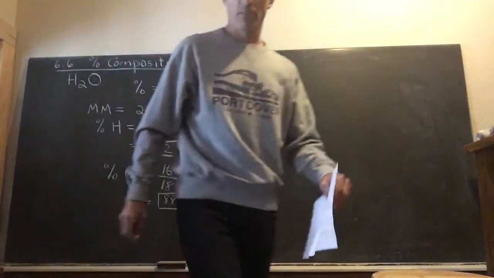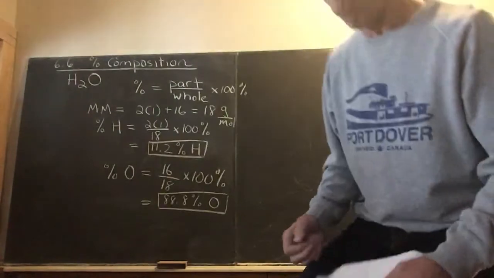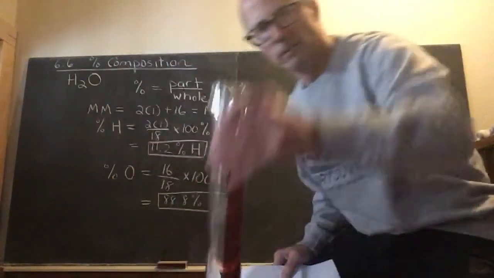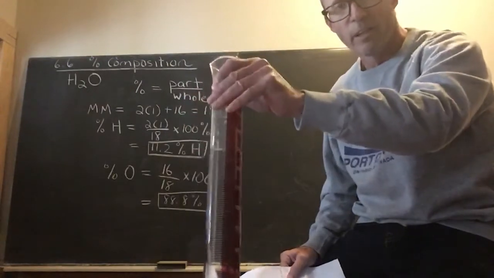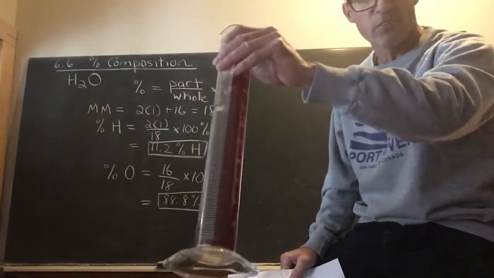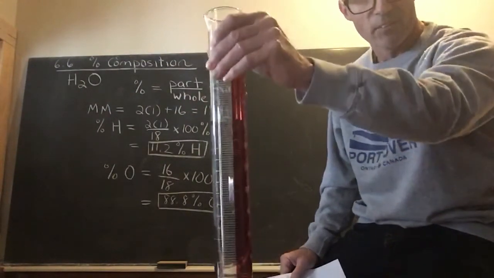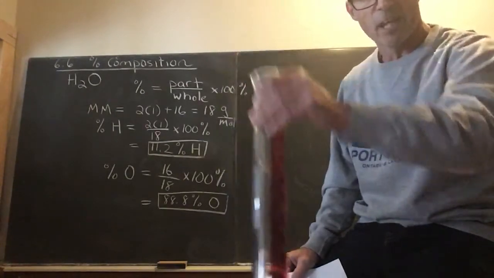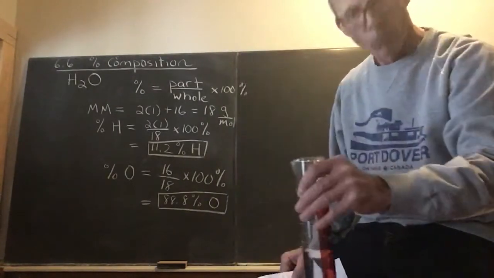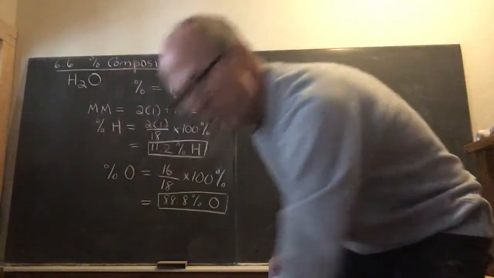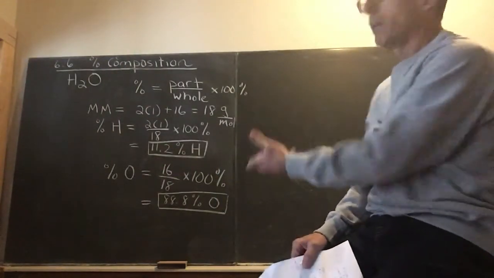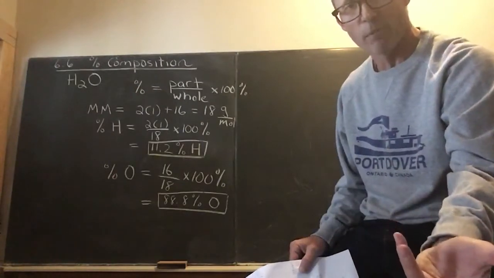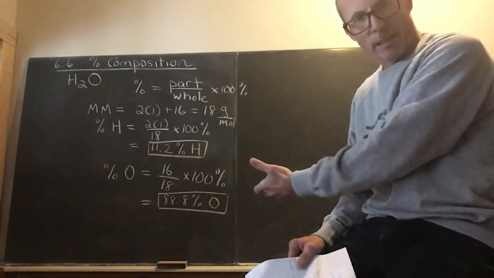And the fact is, if we take a sample of water, like this one, from Norfolk County, and we compare it to a sample of water in Beijing or Moscow or Paris, France, all those samples, assuming they're pure, will contain the same percentage of hydrogen by mass, which is 11.2, and the same percentage of oxygen by mass, which is 88.8.